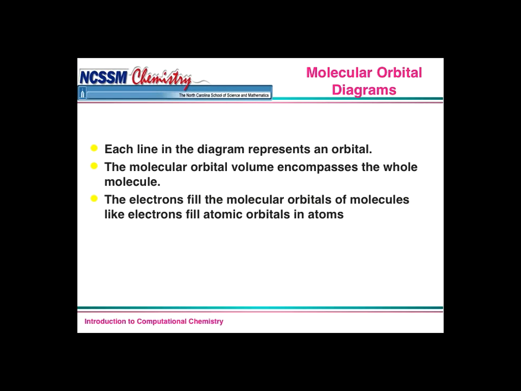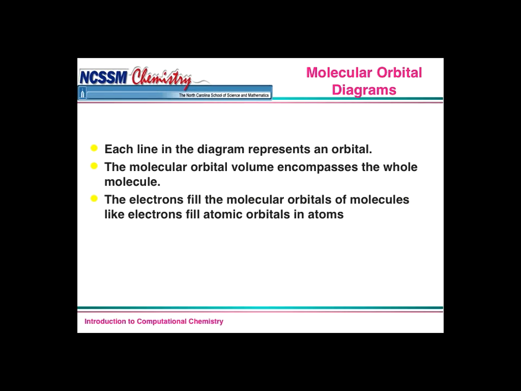They get very complicated very quickly. We'll practice with some simple ones. What you should know getting into them is each line in the diagram represents an orbital, and that the volume of the molecular orbital encompasses the whole molecule, so you'll have lots of lines, and the molecule volume is from top to bottom.